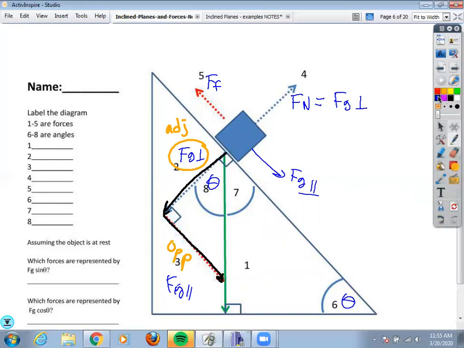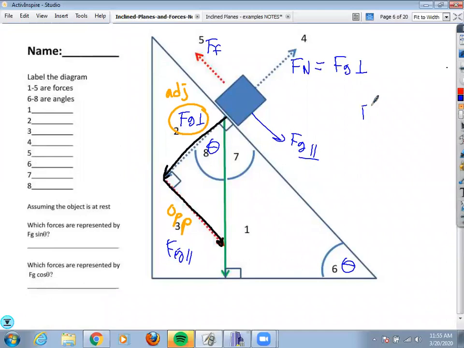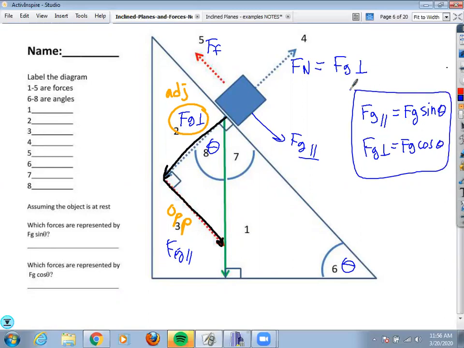So this becomes very important in an inclined plane, because FG parallel equals FG times sine theta, and FG perpendicular equals FG times cos theta. So that's very important for inclined planes. I'll put that on your reference sheet. That is your needed information for inclined planes.